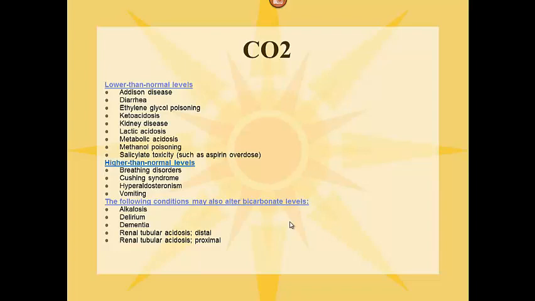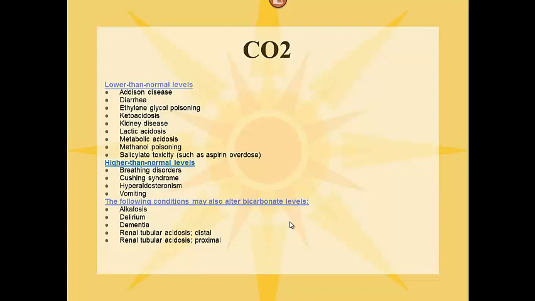When you have greater than 26, this means metabolic alkalosis or respiratory acidosis. So therefore, breathing disorders such as obstructive pulmonary diseases such as COPD and emphysema, cystic fibrosis will contribute to high levels of CO2.